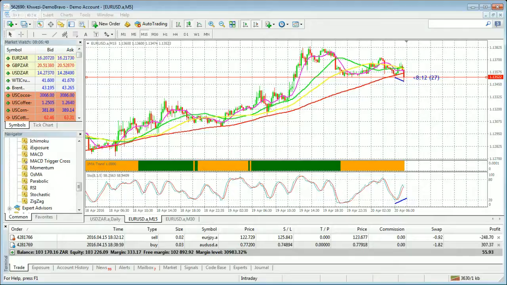And from there, hopefully we can pick up a couple of extra trades. So like I said, we're just going to keep our eyes out on this.